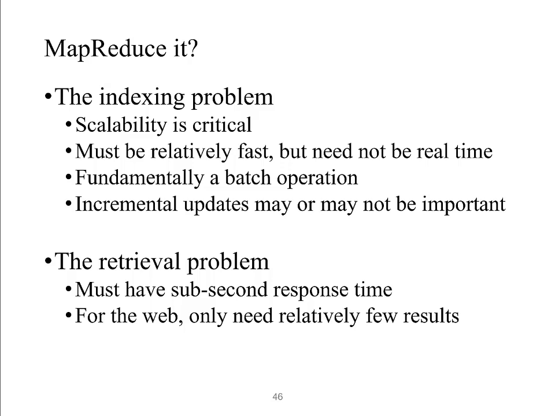We have blocks, we have partitions. And incremental updates may or may not be important. In MapReduce, we don't really welcome incremental updates. It can be done, but not too frequently. So basically, the indexing problem is perfect for MapReduce.